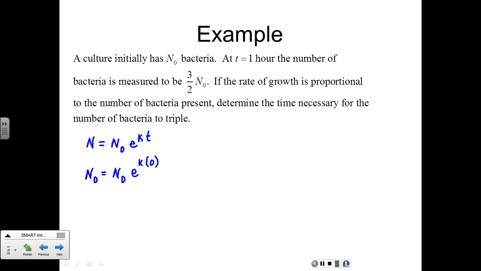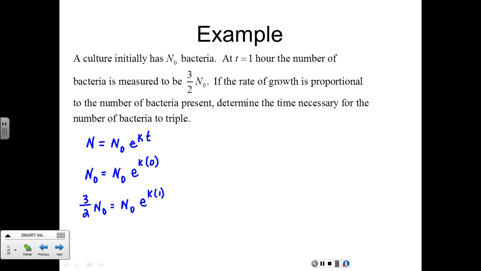At t equals 1, we had 3/2 n sub 0. How in the world can we solve for k then?